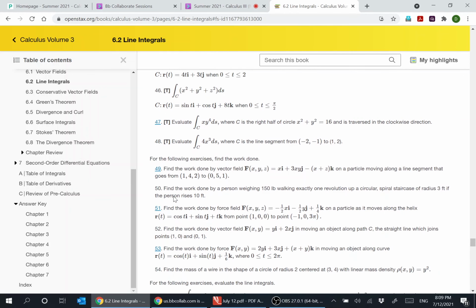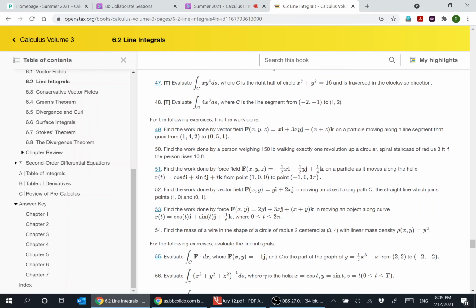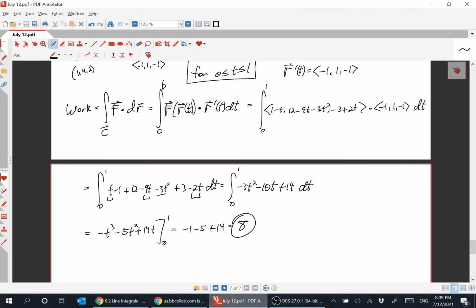53, 56. Let's see. 53. The work done by force. Ooh, they've got a three-dimensional vector field. Yeah, three-dimensional vector field. So the work done by force field 2y, 3x, x plus y.